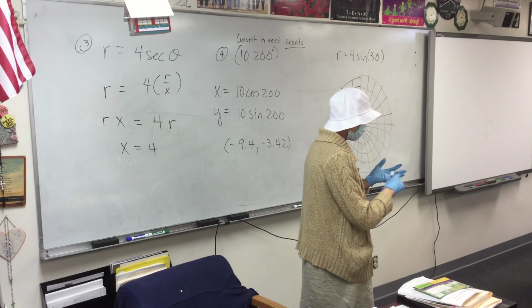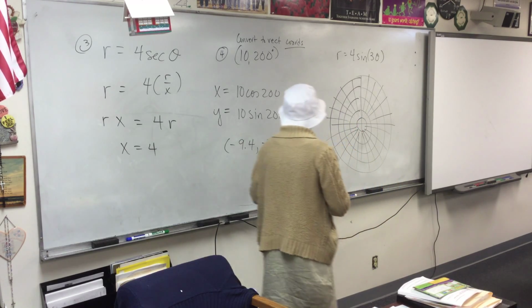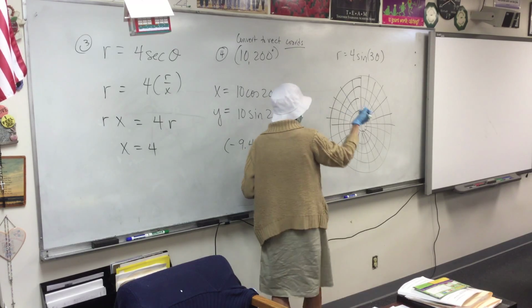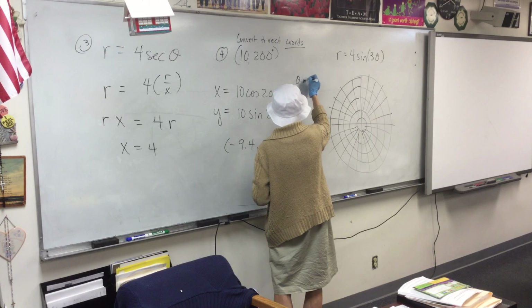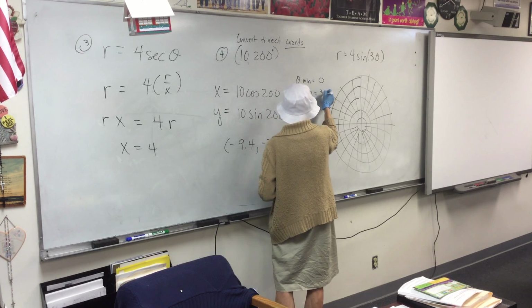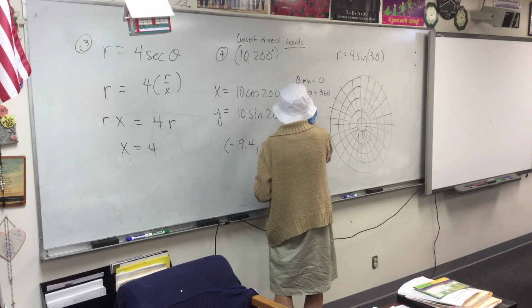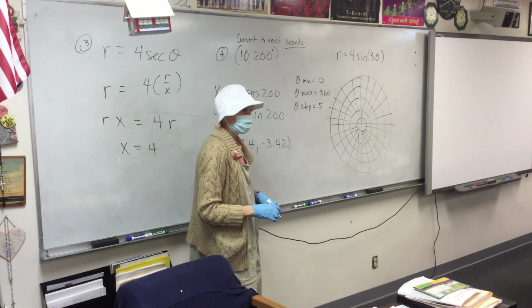How should theta min and theta max and theta step be set up? If you're in degrees, and I would recommend you be in degrees, then theta min should be what? 0. Theta max should be what? 360. Theta step should be what? 5. That should never change.